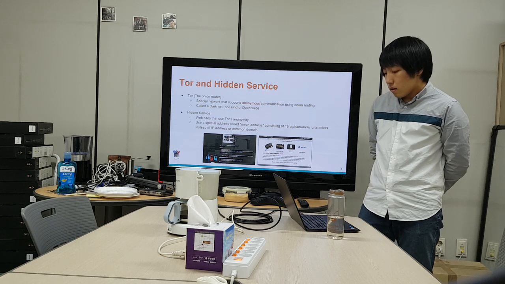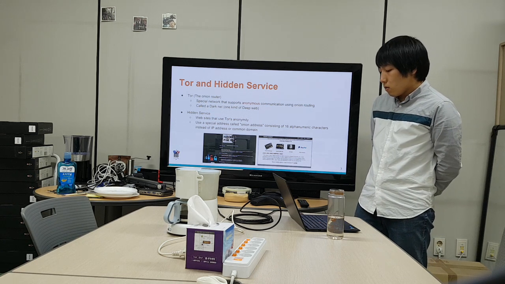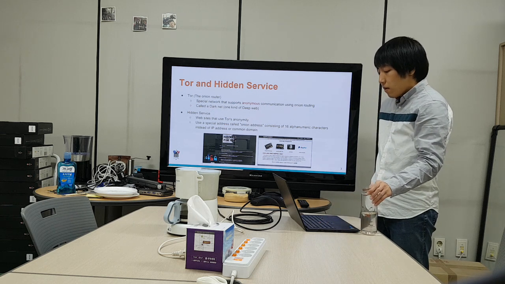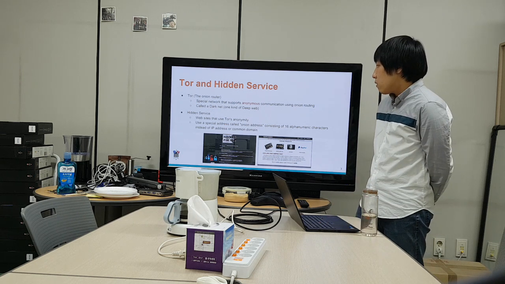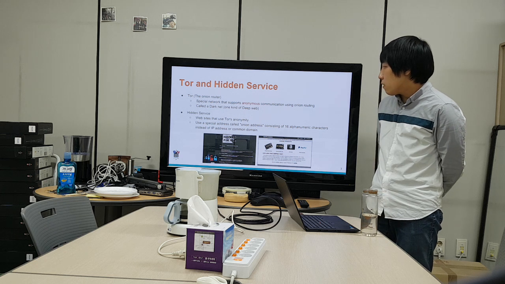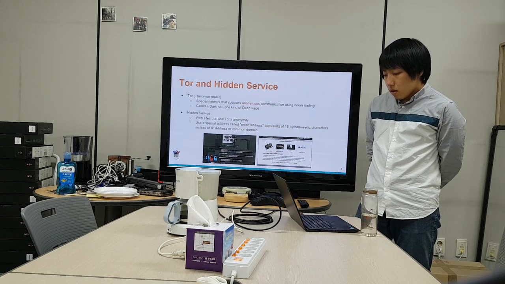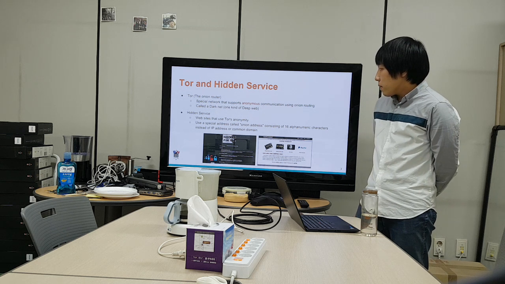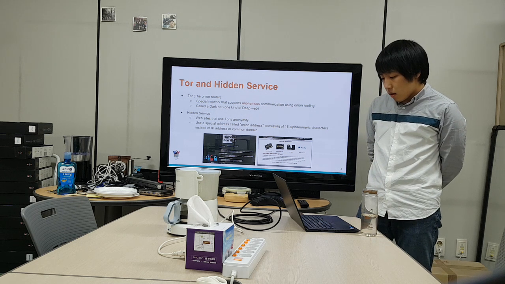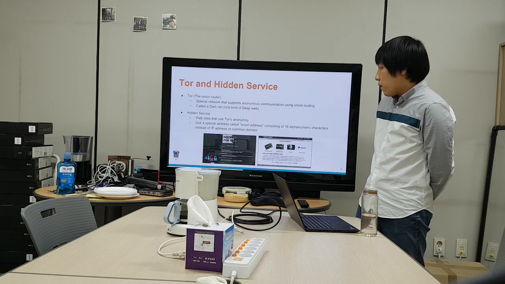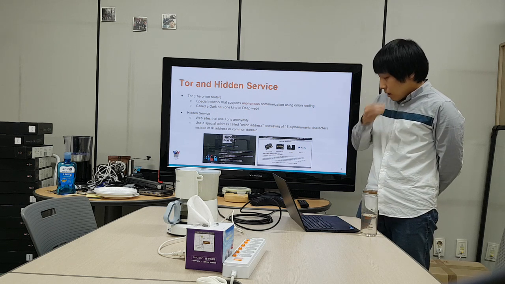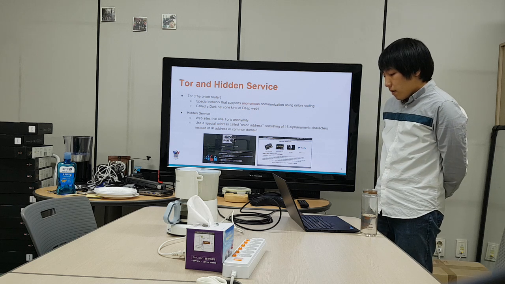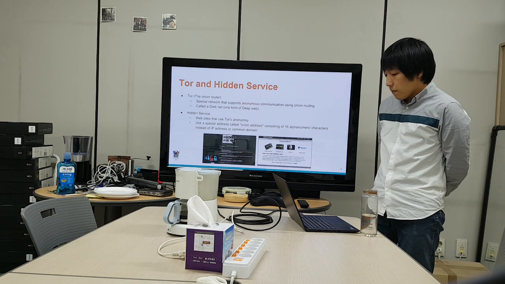Before we start, let me introduce Tor and hidden service. Tor is a special network that supports anonymous communication using onion routing. Tor is called a darknet, a type of deep web. Tor's anonymous web service is called hidden service.